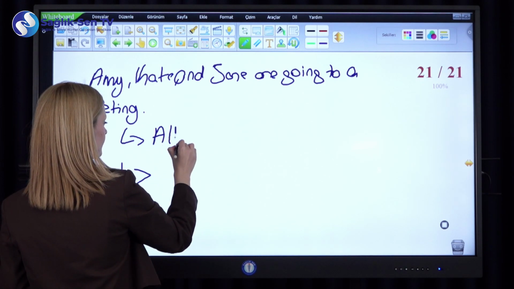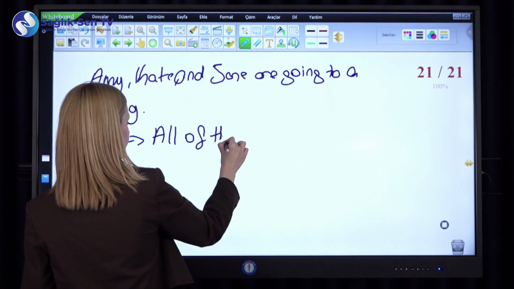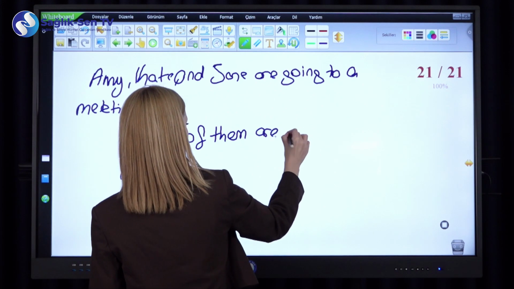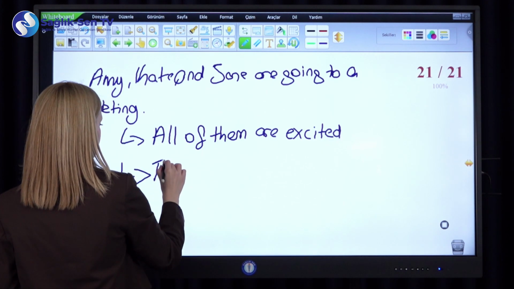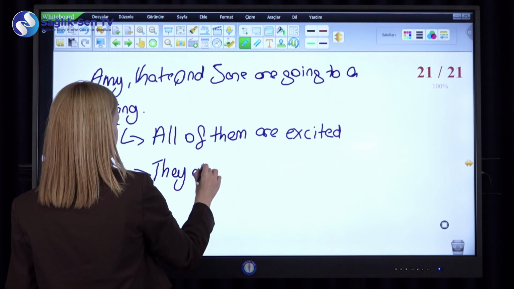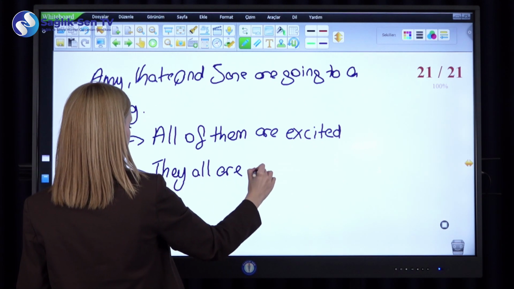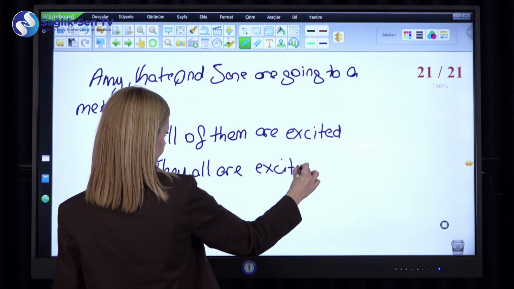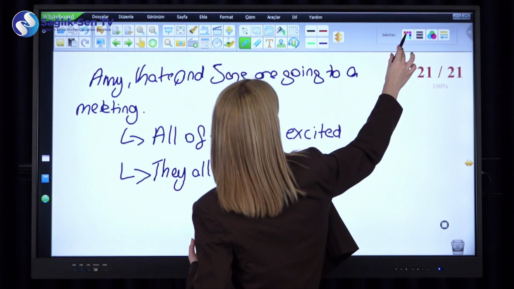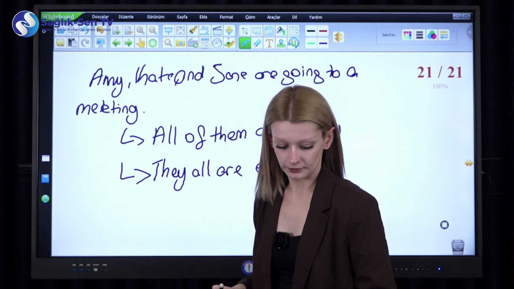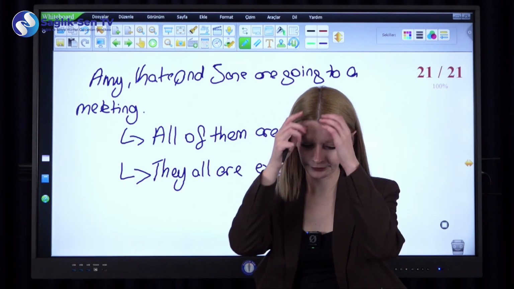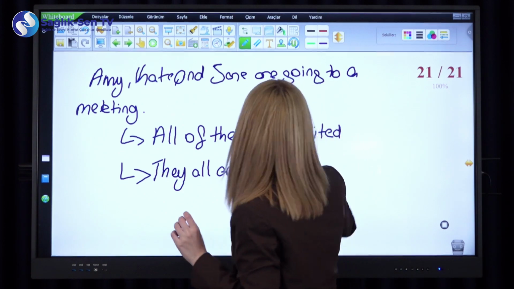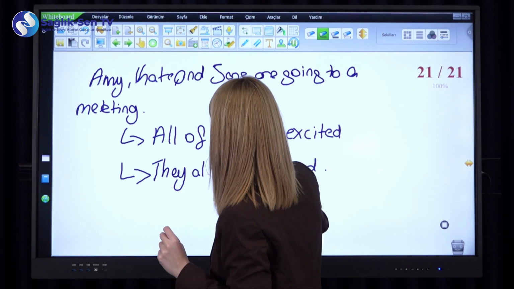I can either say all of them are excited, or they all are excited. Now, here is they are all.